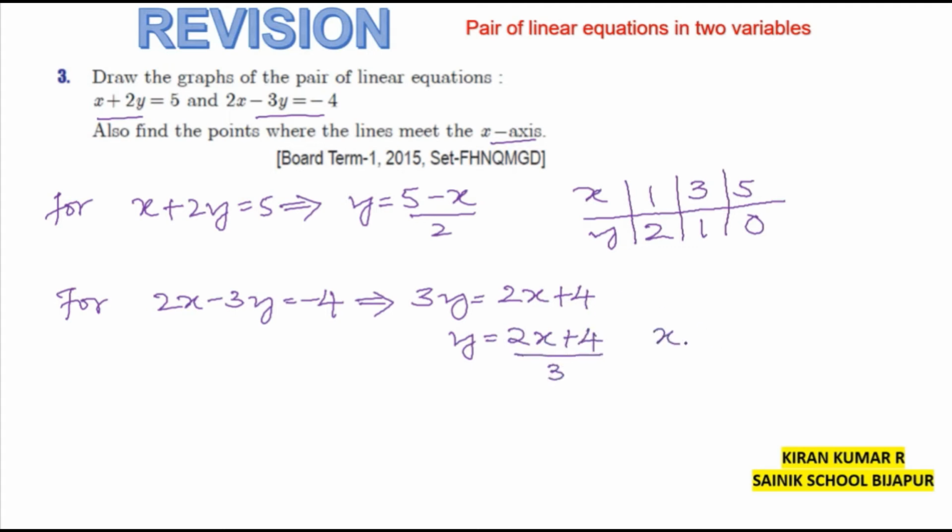For this, I'll find out the coordinates. When the value of x is taken 1, the y value becomes 2. When the value of x is taken 4, 2 times 4 is 8 plus 4 is 12 upon 3, it becomes 4. For -2 it becomes 0.